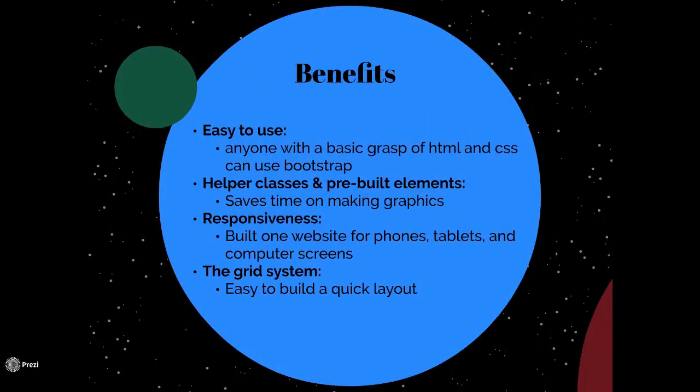You don't have to create multiple websites for different devices. You can just have one website for all of them and simply change your code to accommodate that. Also, Bootstrap has what's called a grid system, which I'll be showing off later.